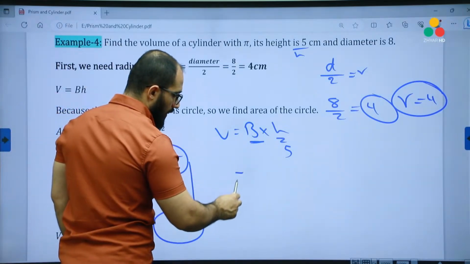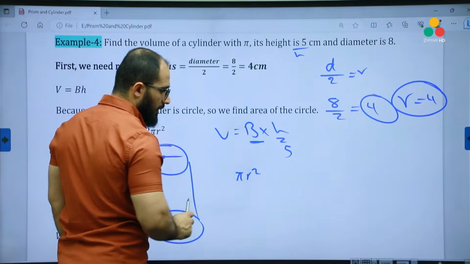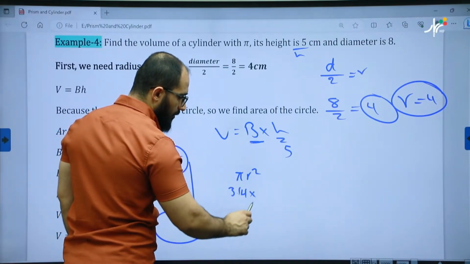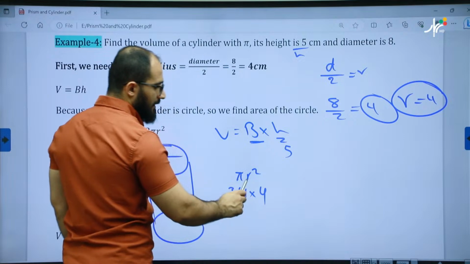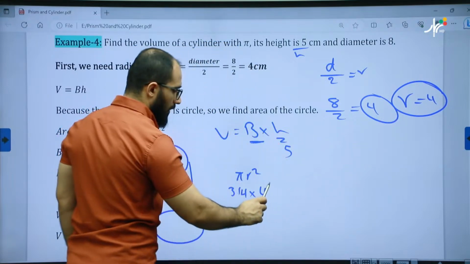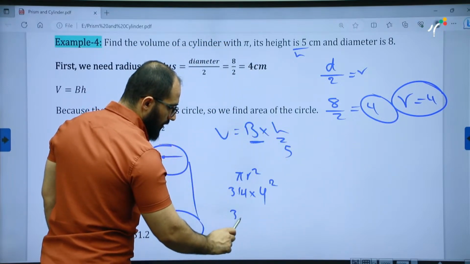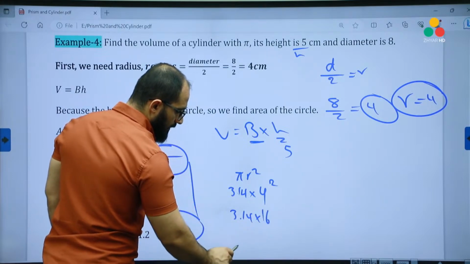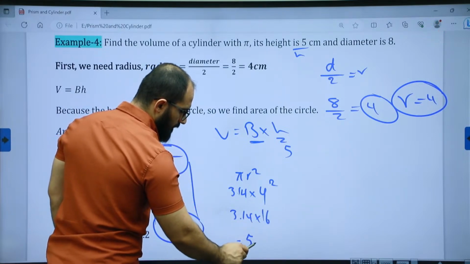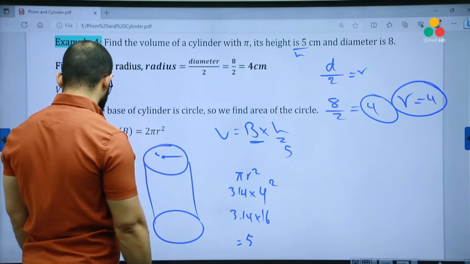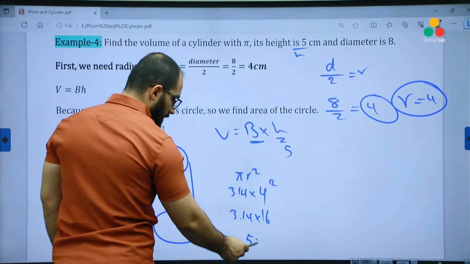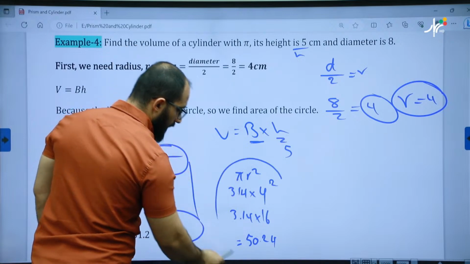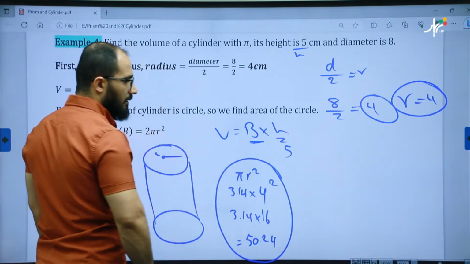It was pi r squared. It means 3.14 times 4, because r is 4, to the power 2. So 3.14 times 16 is equal to 50.24. So this is the value of B.